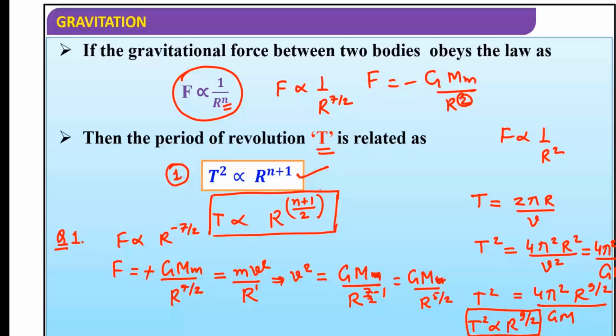Okay, now see, if I put the value of n as 7 by 2, so T square is proportional to R raised to 7 by 2 plus 1. Okay, so it will become 9 by 2. See, we are getting the same result. Yes, sir. Okay, so this is very very important, and I have recorded this video also, so if you want to revise it again you can do.